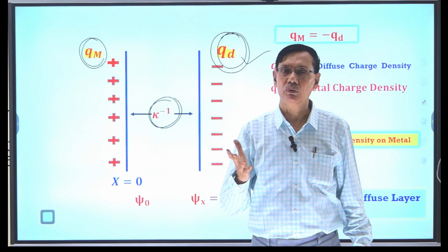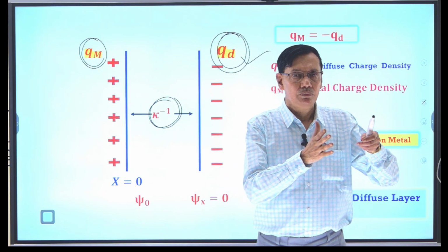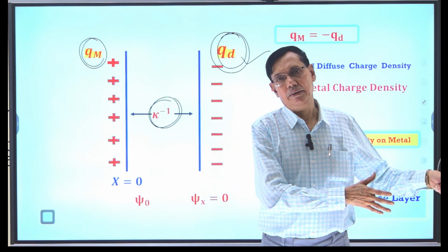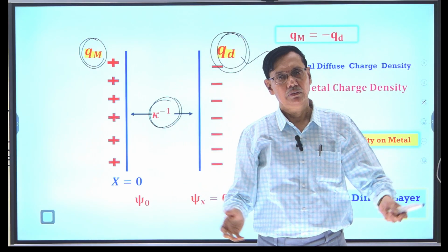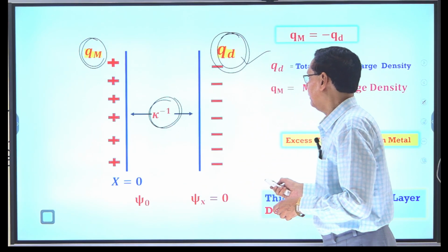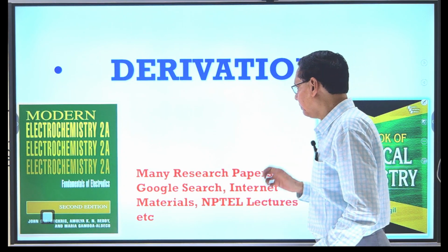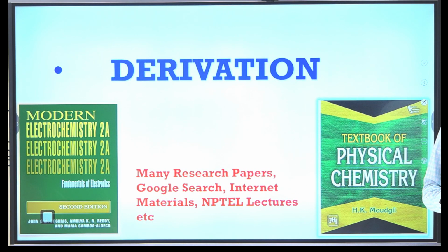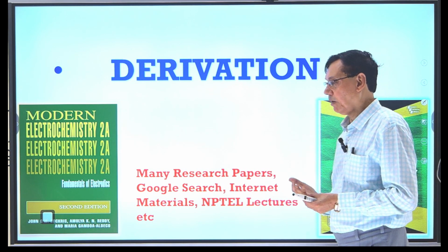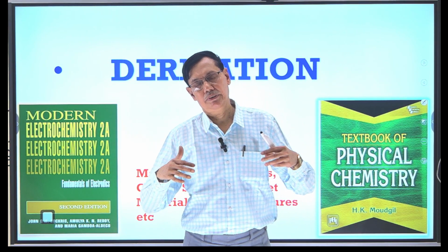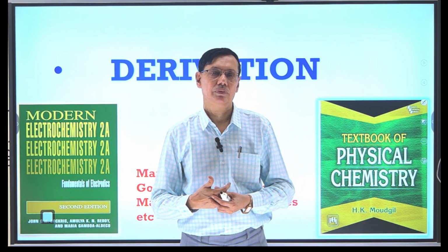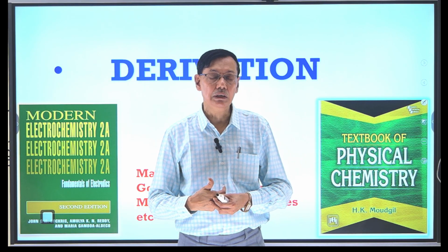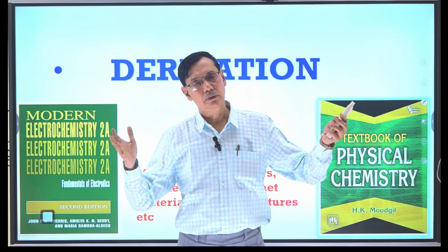So do not be confused, there are many different derivations in this, and then we will do a final derivation. Now frankly speaking, for mathematics students or the students of chemistry having the mathematical background, the derivations can be easily understood.